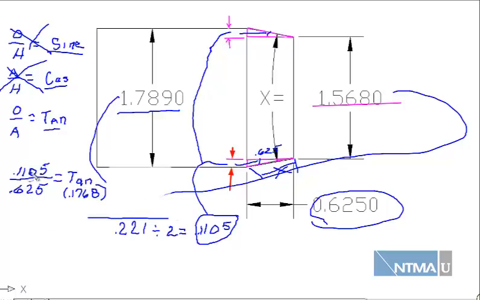When you take this 110.5 divided by 625, you're going to get 176 and 8/10. Then you hit your invert key, INV. Sorry, I'm writing this with the mouse, so it's not easy to always write this stuff. Then hit your tangent key. Why?